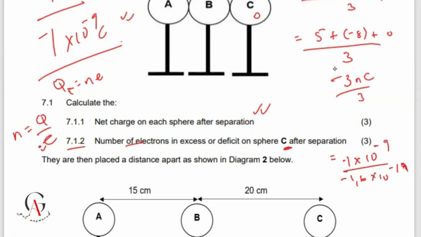Okay. Punching this into the calculator, it's 1 over that, which gives us a very big answer. I'm getting 625 and a whole lot of zeros.